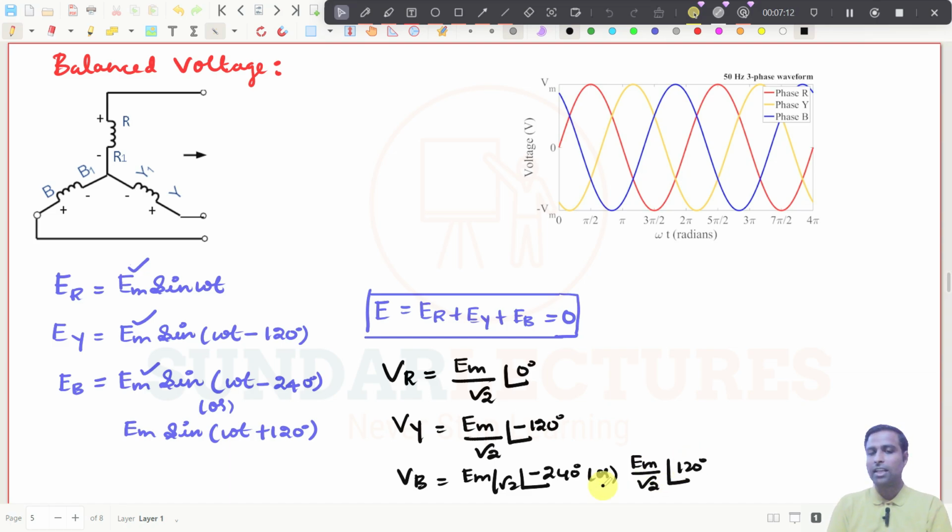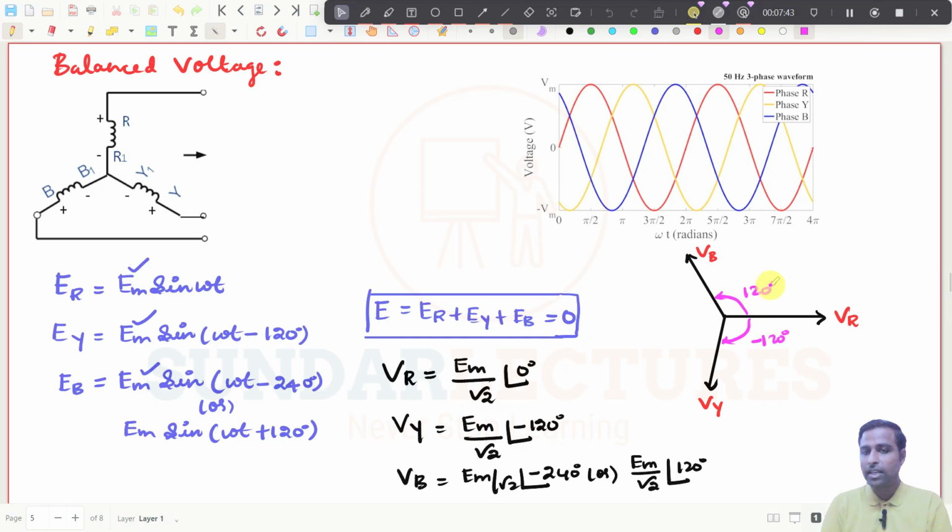plus 120 degree, right? So if you draw the diagram now, if this is R phase, then this will be Y phase and this will be B phase. So this is VR, this is VY and this will be VB. This angle will be minus 120 degree and this angle will be plus 120 degree.